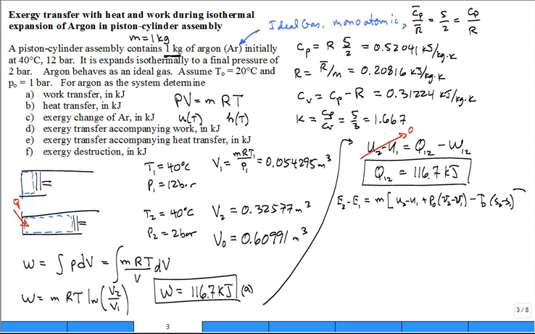I'm going to neglect the kinetic and potential energy changes because I'm running out of room, but I would put them in and strike them because there's no information about kinetic or potential energy.